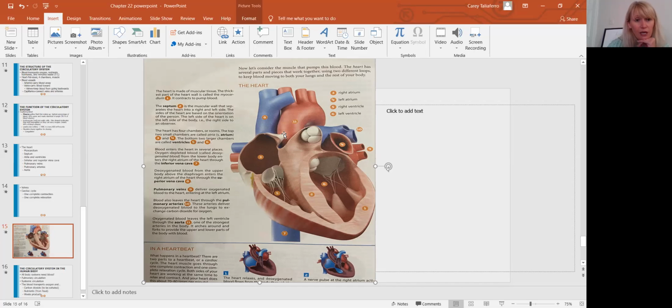Deoxygenated blood from the upper body, deoxygenated blood from the lower body. And then if you come up here to number 9, you'll see the pulmonary veins. Now, these two little fellas deliver oxygenated blood to the heart.